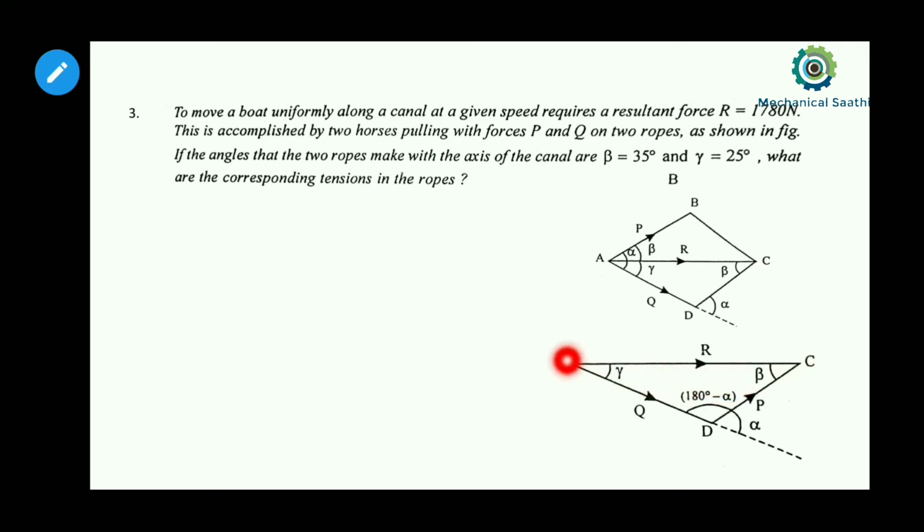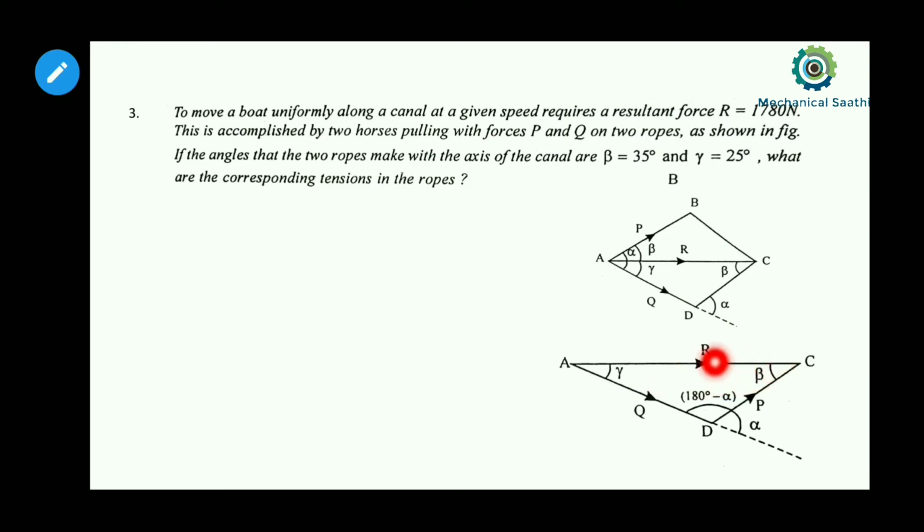For that, let us calculate all the angles inside that triangle. Here it is gamma, obviously this will also be gamma, and as this is beta, this angle will also be beta, and gamma plus beta gives us alpha.